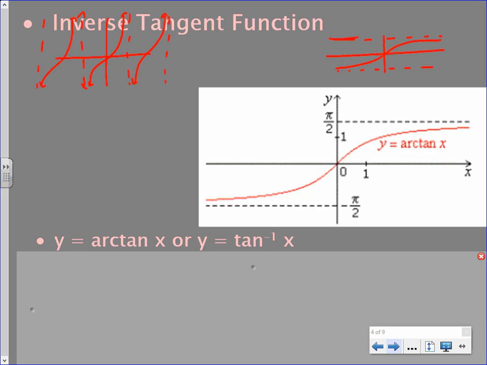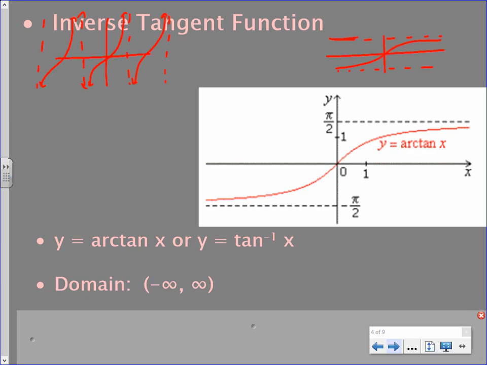Notation still is the same. Our inverse functions, we either call them arctangent of x or tangent with that -1 symbol, the inverse tangent of x. Okay. Question, what's the range of our tangent function? All real numbers, which means the domain of our inverse tangent is all reals. That's nice.